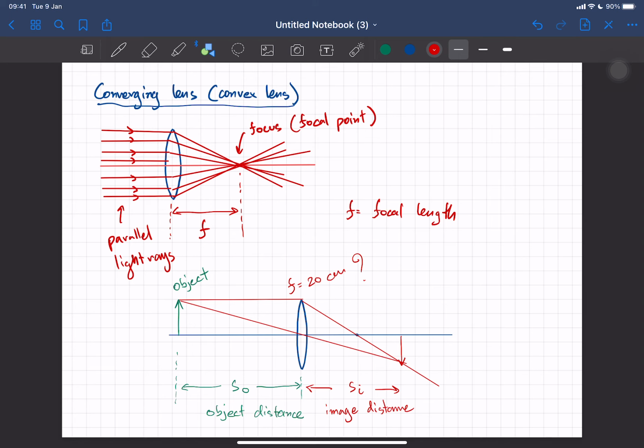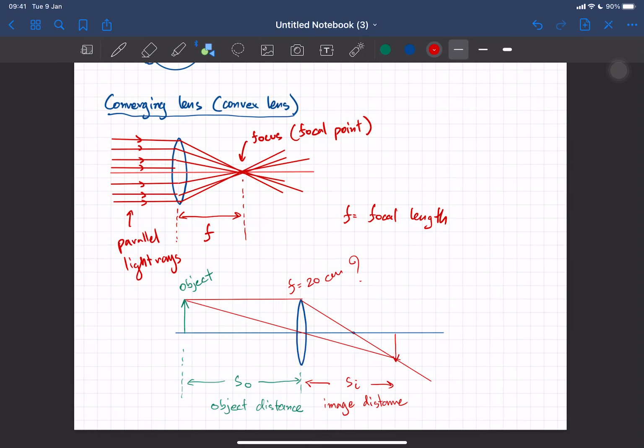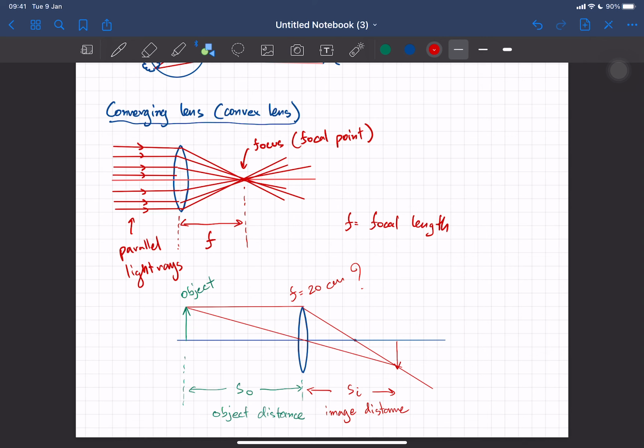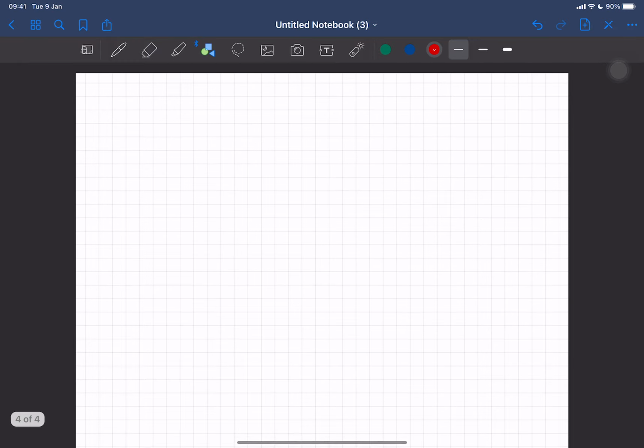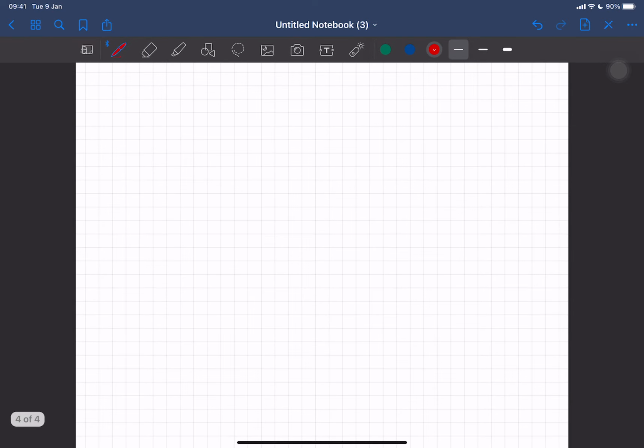Okay. So let's try with an actual example. So let's say we have a lens, a converging lens, with focal length of, let's say, 20 centimeters.